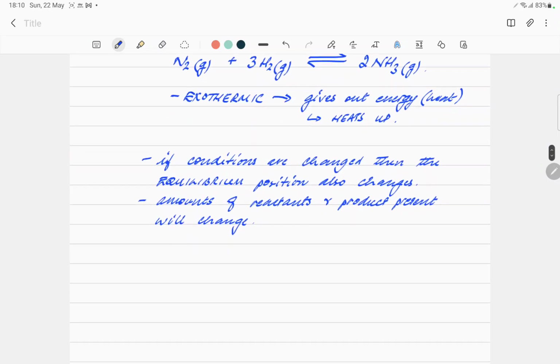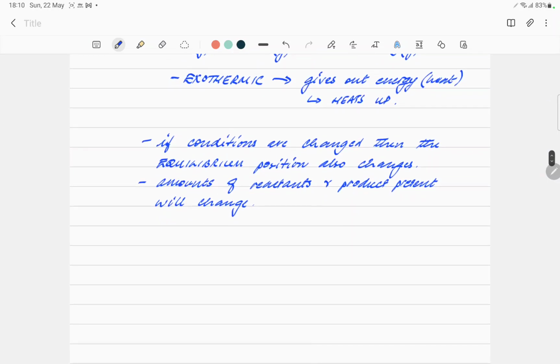The guiding principle on this, the theory behind it, is called Le Chatelier's Principle.